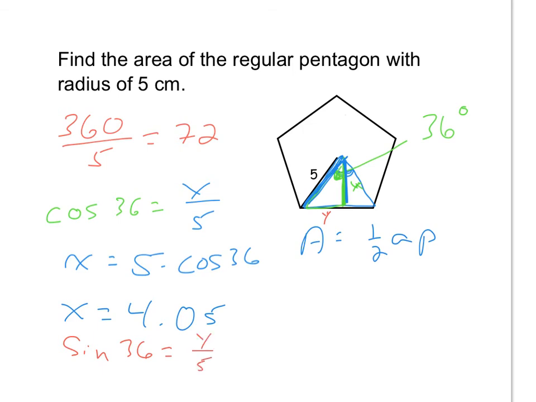That's opposite over hypotenuse. So whipping out my calculator, I know that y is going to equal 5 times sine of 36. So I got 5 times sine 36 is equal to, let's call that 2.94. So this guy right here in red is 2.94.